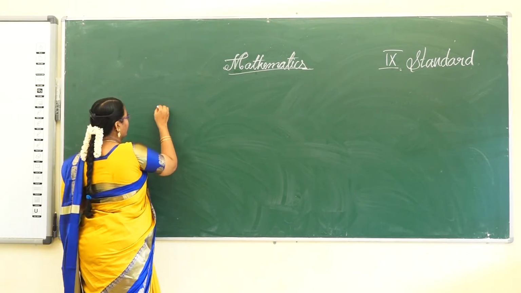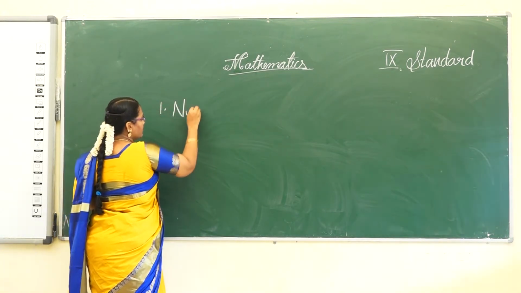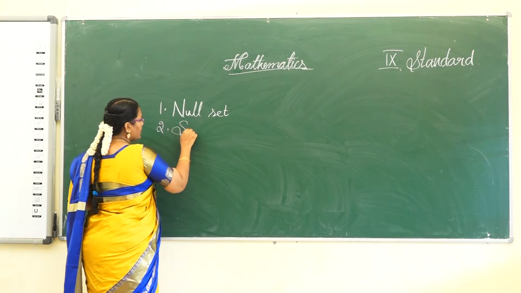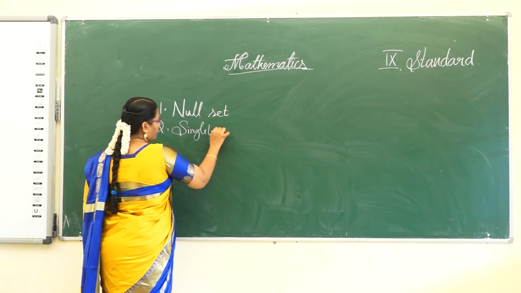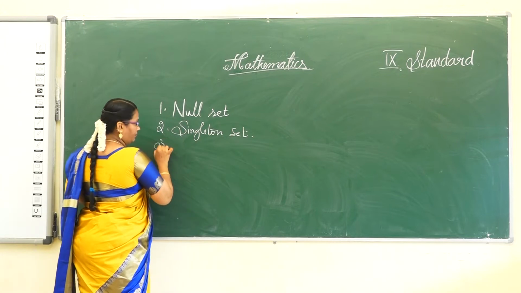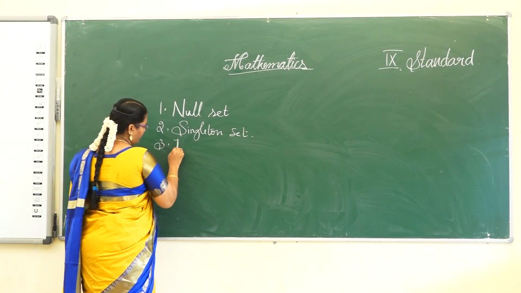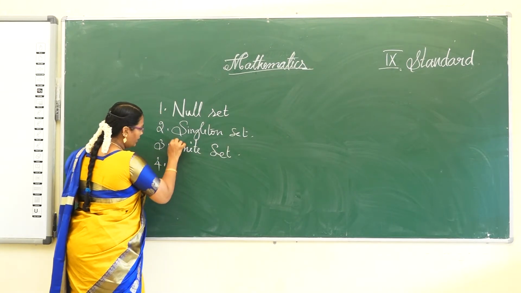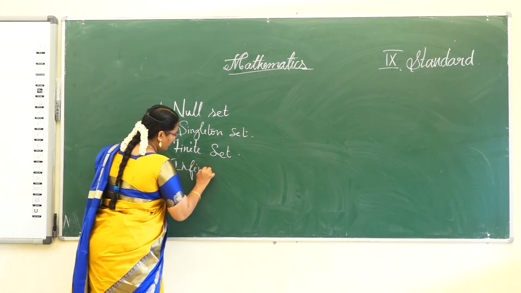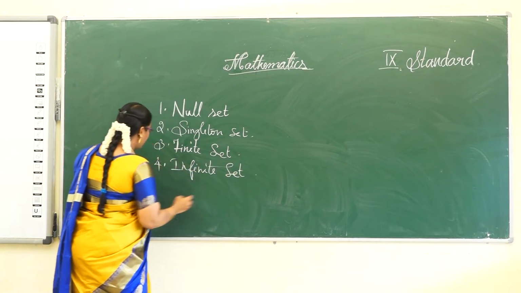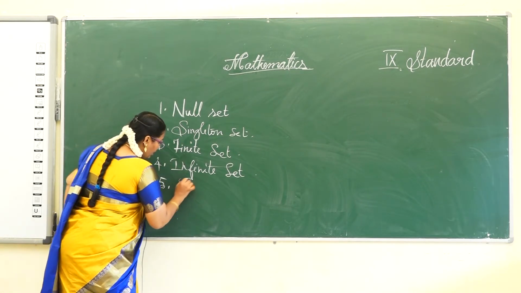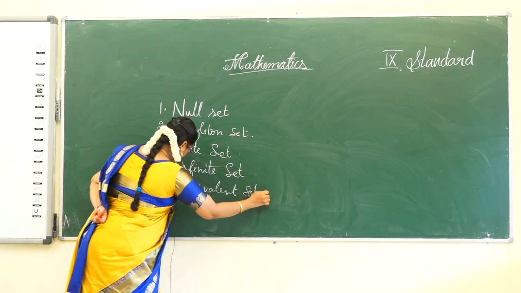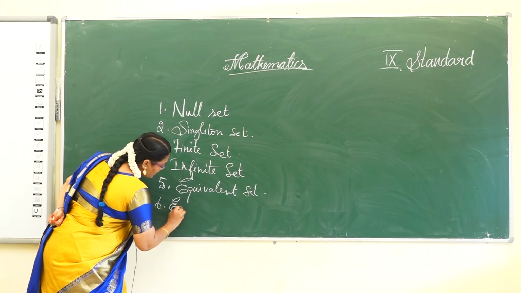Types of sets: first one, null sets or empty set; second one, singleton sets; third one, finite sets; fourth one, infinite sets; fifth one, equivalent sets; sixth one, equal sets.